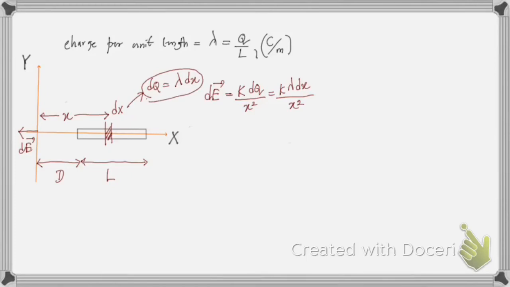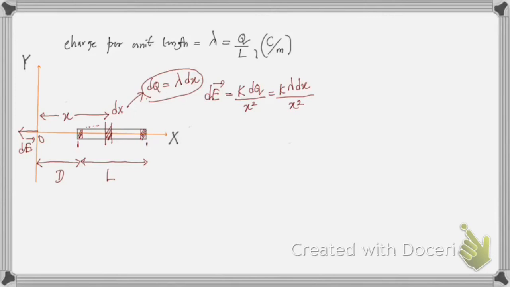The separation between the observation point and the left end of the rod is d, and the length of the rod is L. The electric field due to the small segment dx at the observation point, let's call it O, is dE, which is k dq divided by x squared, which equals k lambda dx, because dq equals lambda dx, divided by x squared. And we have to consider all the segments from the left end to the right end. So I have one segment here, and I have segments everywhere on the rod, and I have the last segment from this side.